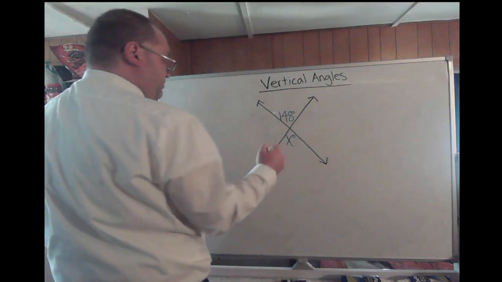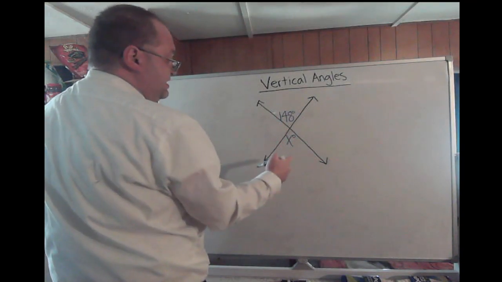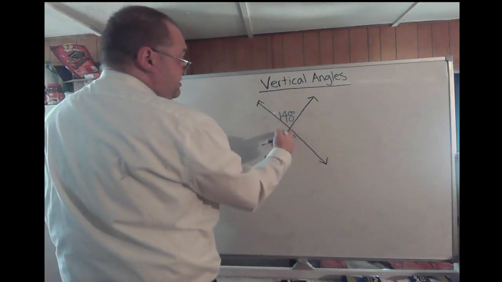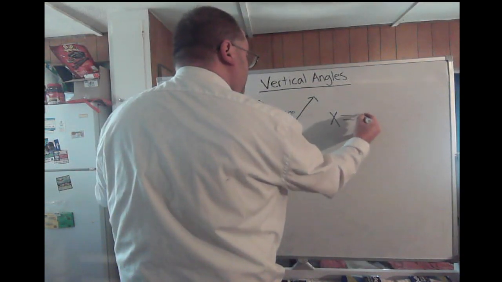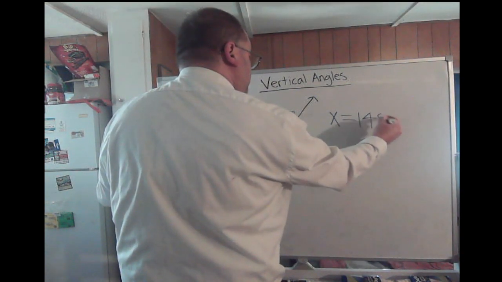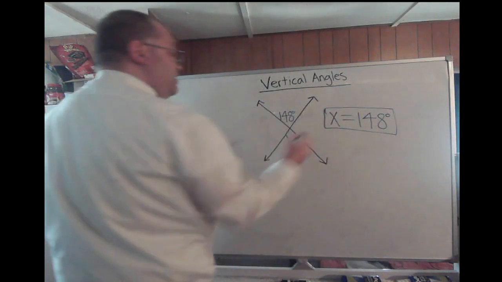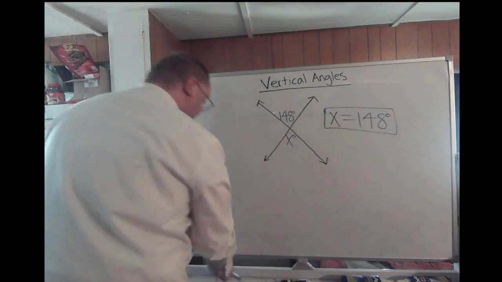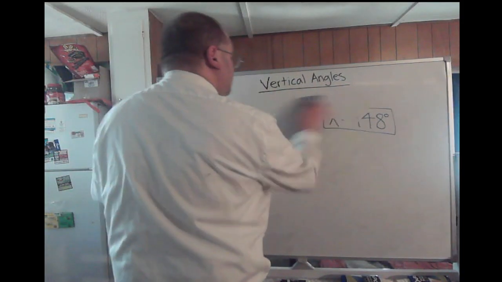So you have one angle that's 148 degrees, you don't know x. Well, we can again use the fact that vertical angles are congruent. You just set x equal to 148 degrees and that's what you get. X is equal to 148 degrees. So I think vertical angles are simple enough to understand.